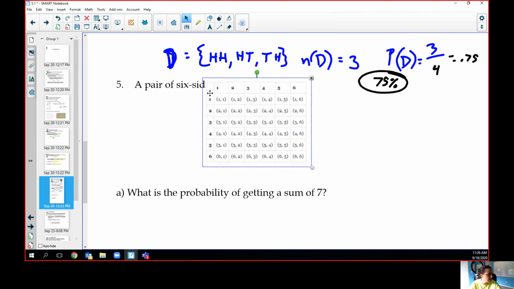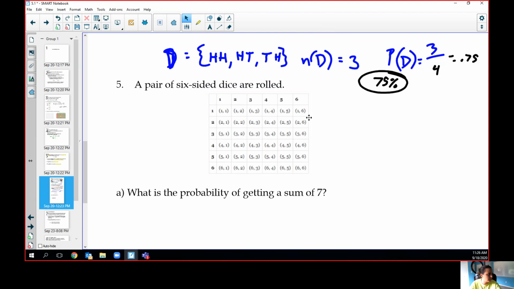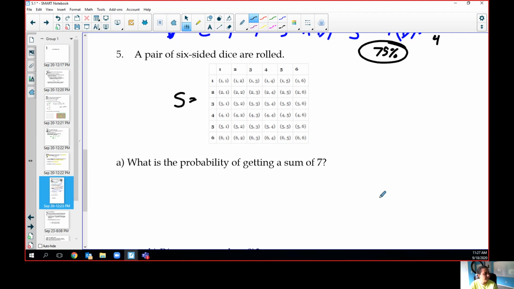There's my whole sample space. Y'all, having this sample space near you during your homework will be handy. The homework questions love using this. So our sample space is these 36 outcomes. This is going to be our sample space for a pair of 6-sided dice.